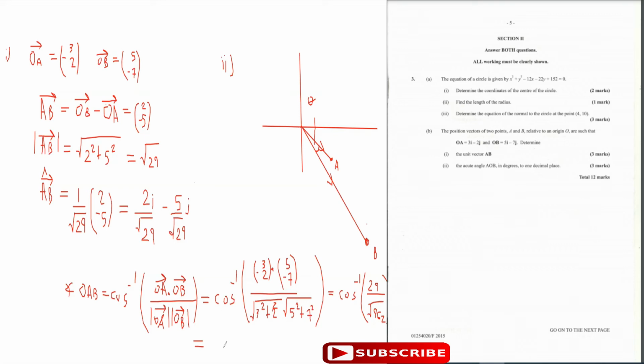They didn't specify whether to use degrees or radians. When they don't give you which one to use, you go ahead and choose degrees. And so I'm getting that the angle is 20.8 degrees when we take cosine inverse of that. They said give the answer to 1 decimal place. So that's that.